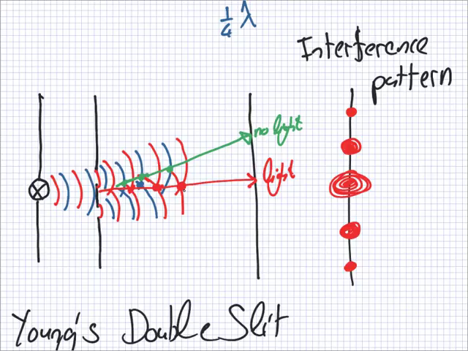Light spots are because of constructive interference, and the dark ones are because of destructive. It doesn't matter if it's a crest or a trough. It doesn't actually, which kind of seems strange. It feels like this should be two troughs combined, but no, it's when a crest combines with a trough. Because having a crest or a trough is good, it means you have light.